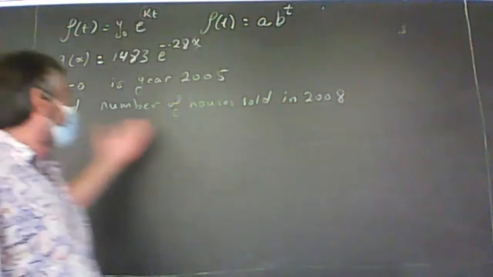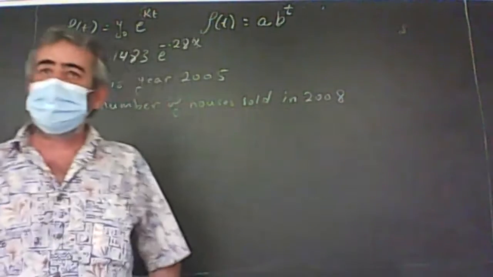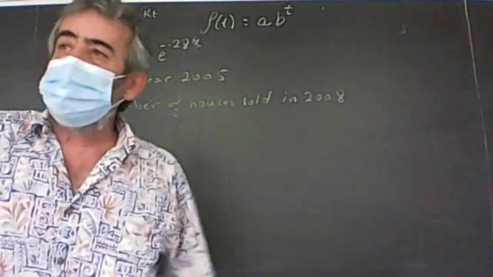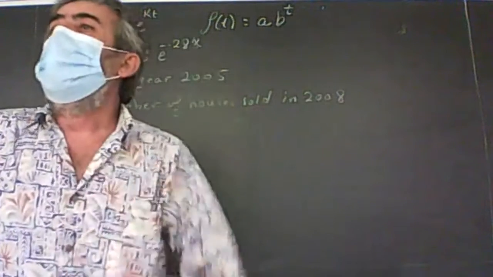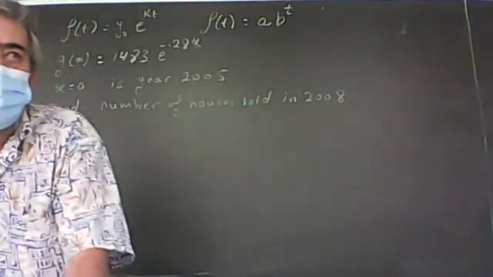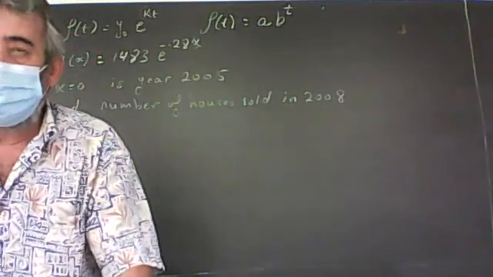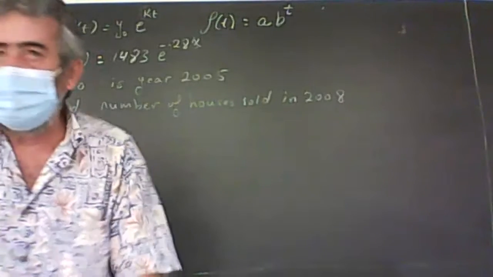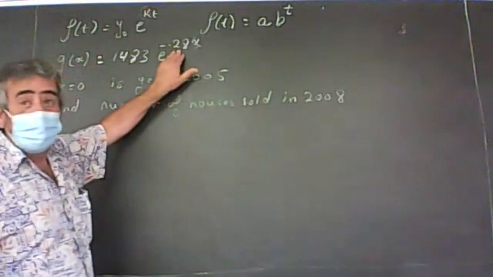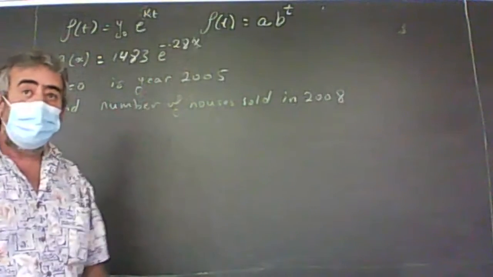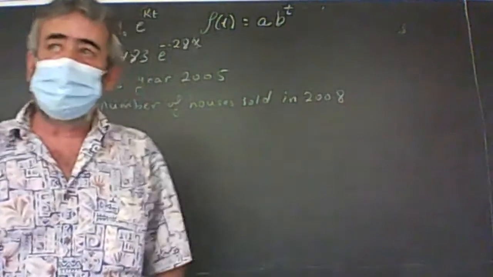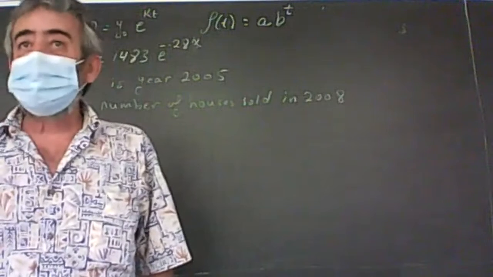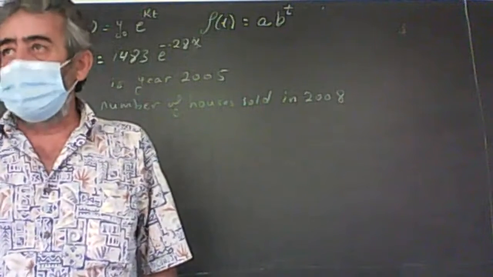All right, so now how do I find the number of houses sold in 2008? And should that amount be more or less than 1483? It will be less because we have a decrease, right? And how do I find it then? So we need to figure out what x is. What is x?